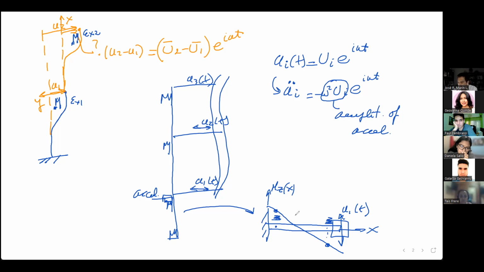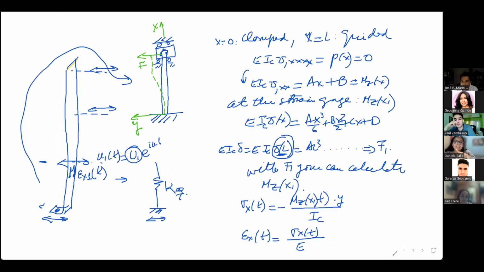Sayo? Yes, but when you explained how we can obtain the moment in U1 using U1, you put the deformation V equal to U1, okay? Yeah.